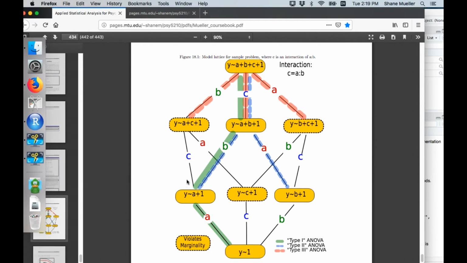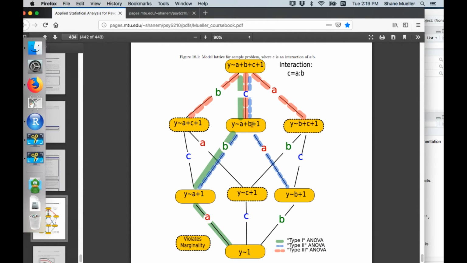And so before we talked about this type 2 and type 3 ANOVA, which if you don't have interactions I think are the same, but when you have interactions there's different things you could do. And both make sense. There's a type 2 ANOVA, which is this one. So let's see what this one's doing. This one says, when I test the effect of A, I want to compare the model with A and B to the model with just B. So if I don't have any interactions and I only have A and B, that's the right thing to do.